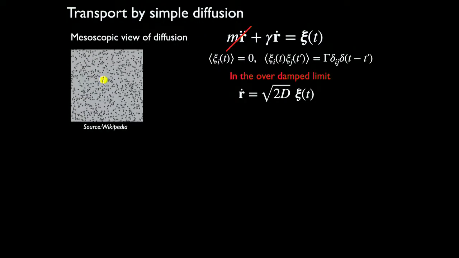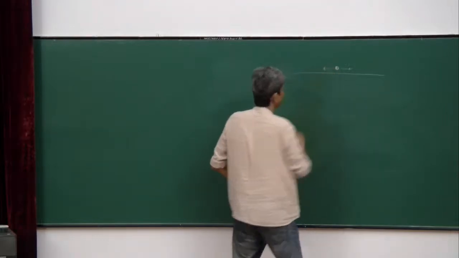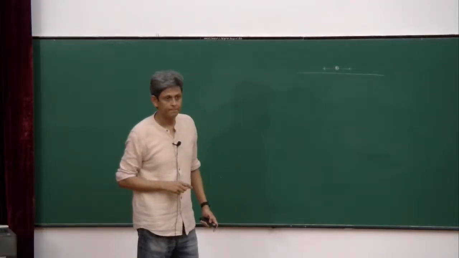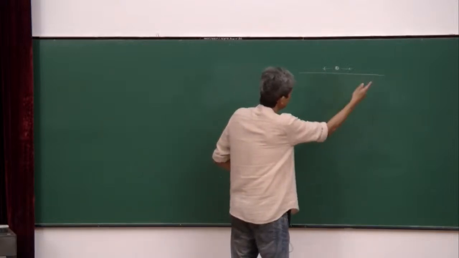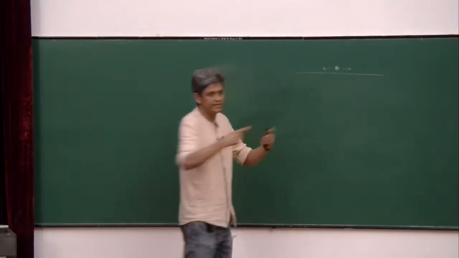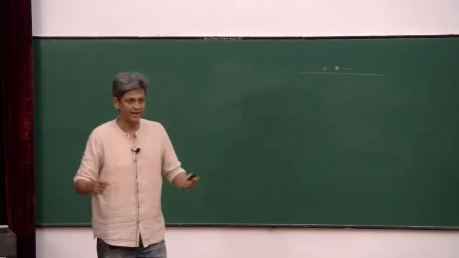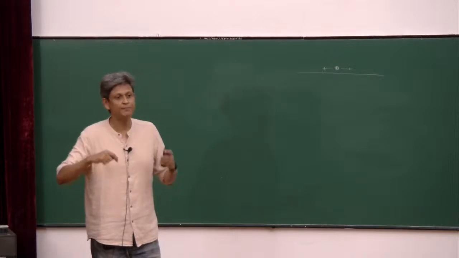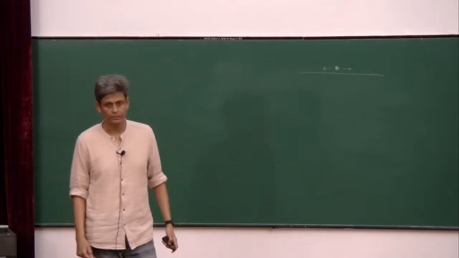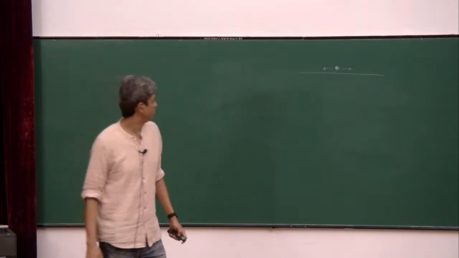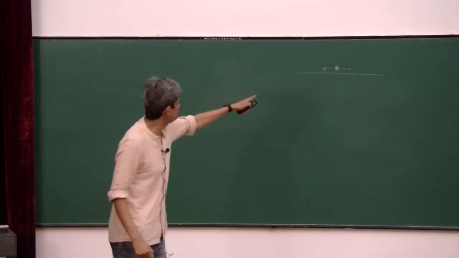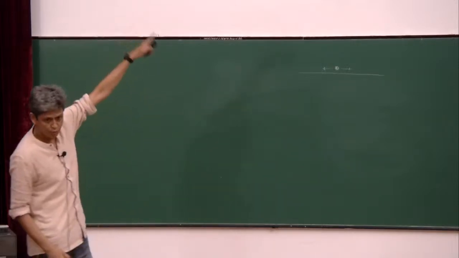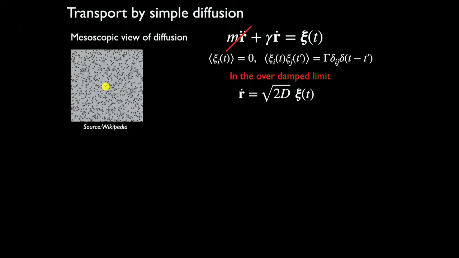It can either move to the left or to the right, okay, and this moving either to the left or to the right is completely random. So there is some probability associated with it. If you can work out this problem, this is equivalent to what I have written. So this is for a single particle.